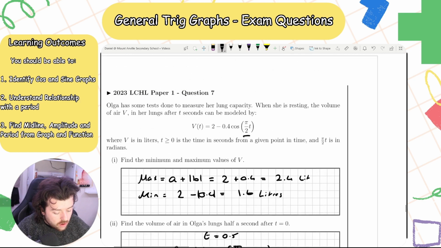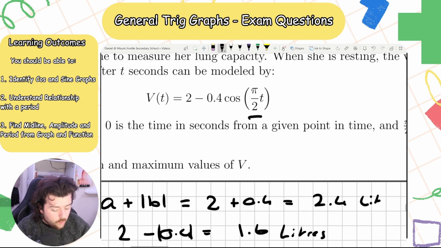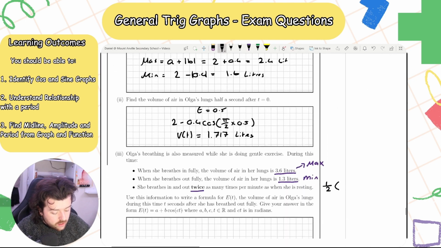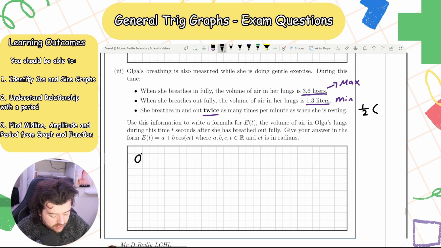So if we scroll up here, the previous period, we have pi over 2. It was the coefficient of my last function there. So the old period is equal to 2 pi over c. In this case, c was equal to pi over 2.